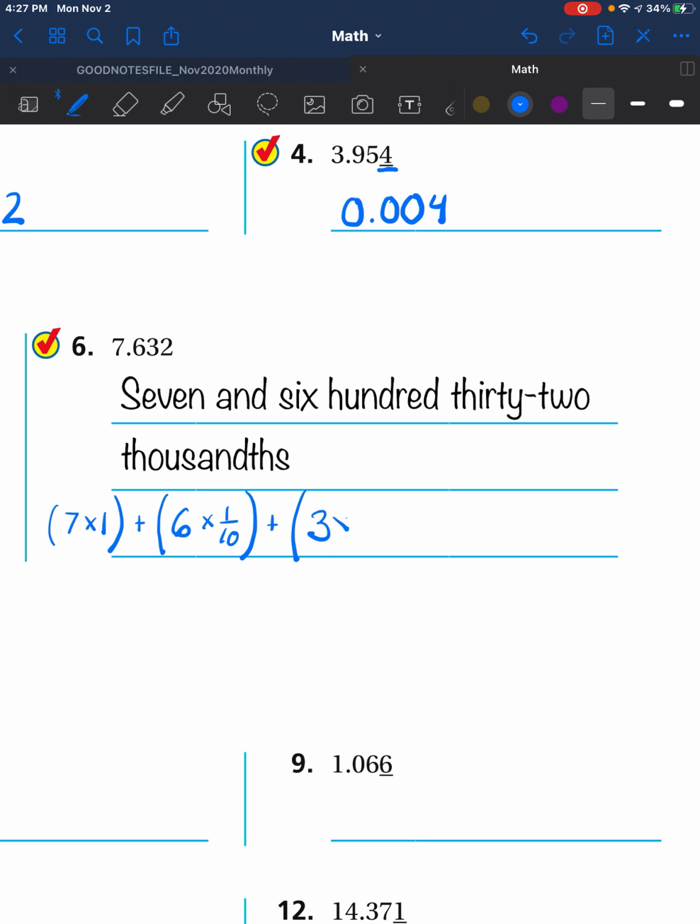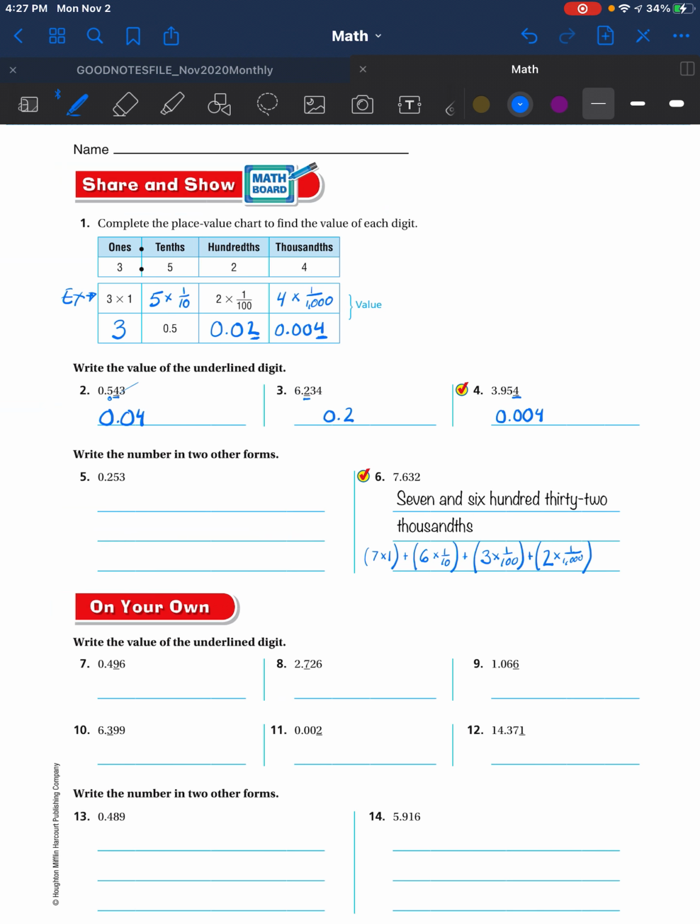Next is a 3, and that is in the hundredths. Next is the 2, and that is in the thousandths. And that's it. Down below, it just repeats exactly what we just did.